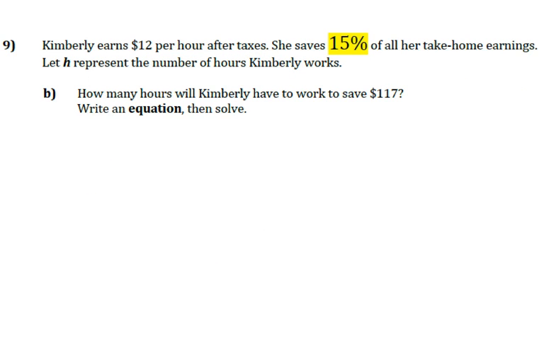Part B. How many hours will Kimberly have to work to save $117? Write an equation, then solve. Well, to write our equation, we're going to take exactly what we had before, which is the 15/100ths times 12H, and we're going to set it equal to $117 because that's our goal.